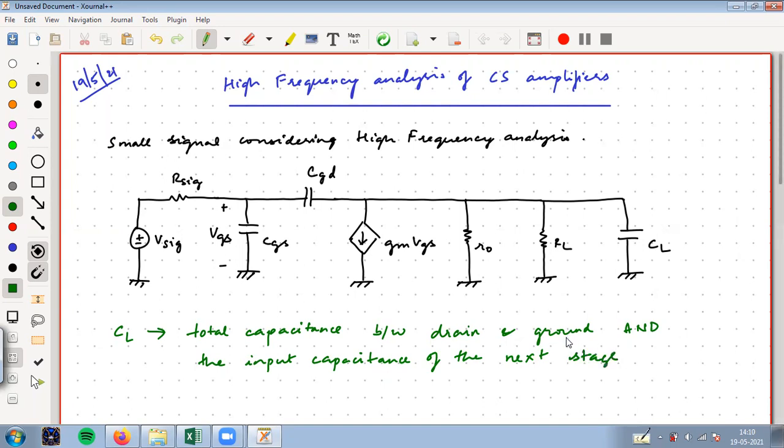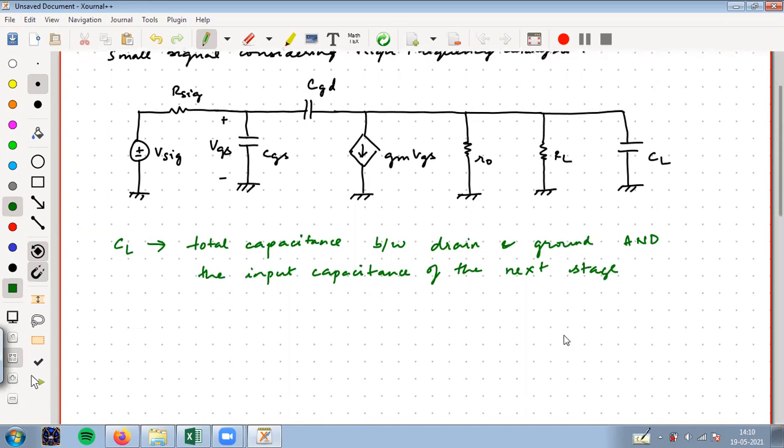Remember, all your amplifiers are always cascaded. So the input capacitance of one stage will act as the output capacitance for the previous stage. So that is what the CL is.